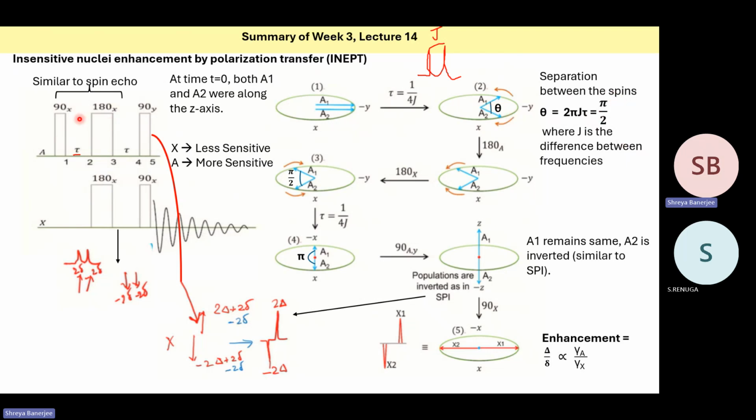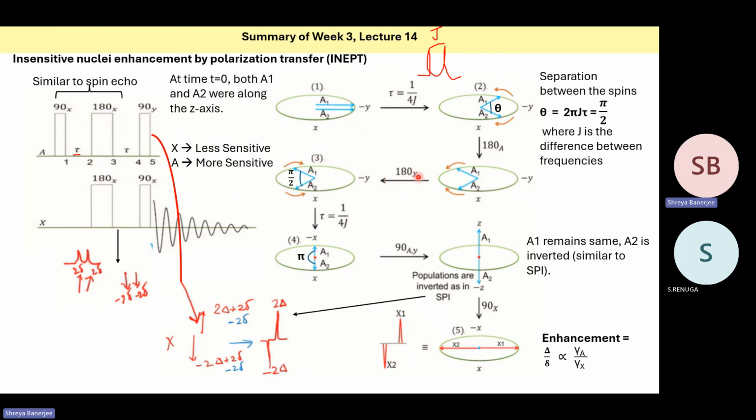After that, a 180x pulse is applied. Now, if you remember spin echo, the 180x pulse is applied to both A and X. So when you are applying 180A, the spins are flipping as shown here, but the direction of spins will remain the same. So A1 continues to be anti-clockwise and A2 continues to be clockwise. Then you have 180x.